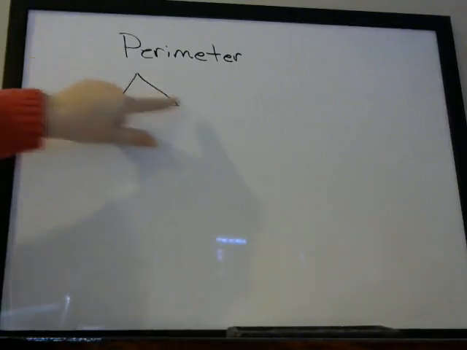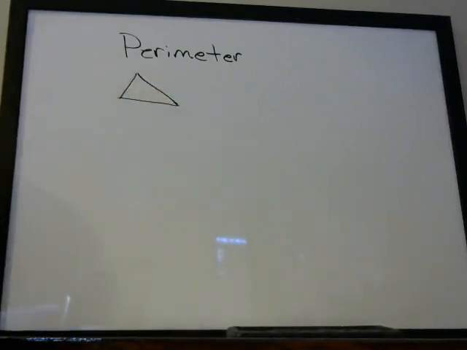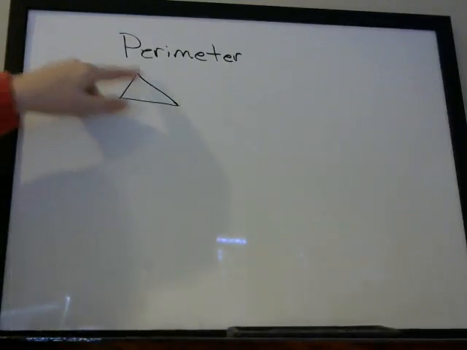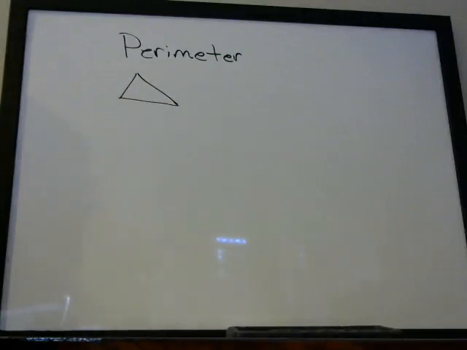You would add that up together, all three sides, and you'd get the total amount of fencing that you need to go around the garden. That's all perimeter is. It's the measurement around the outside of the triangle.